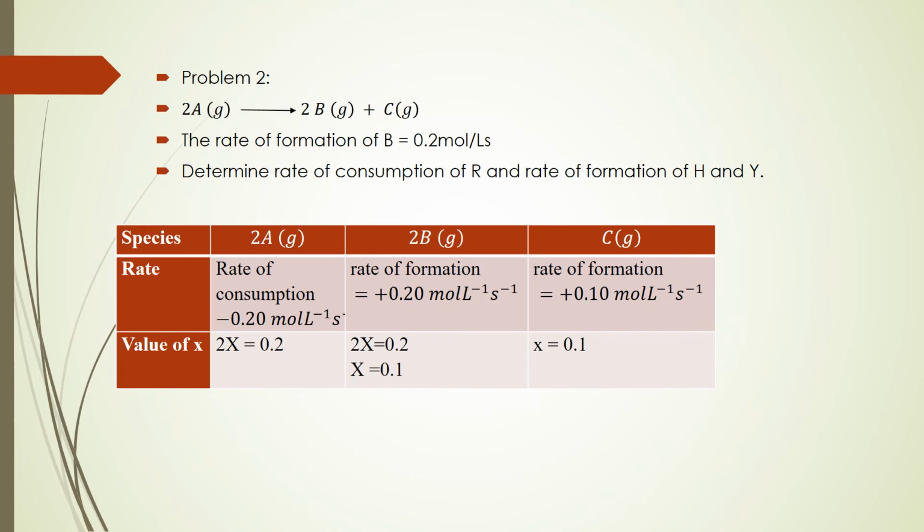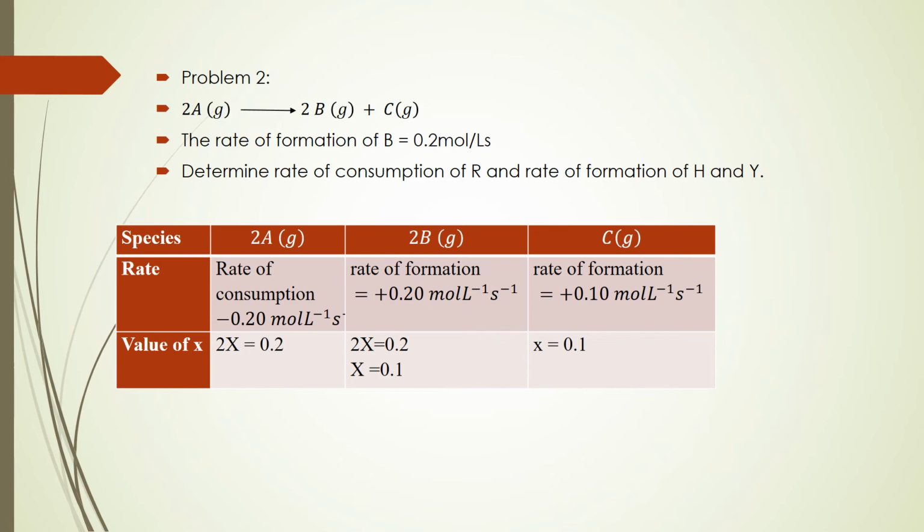So therefore, for C, the rate of formation of C is plus 0.1 because there's only one mole of C, and x equals 0.1 mole per liter second.